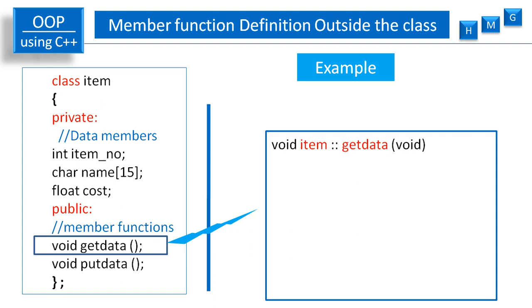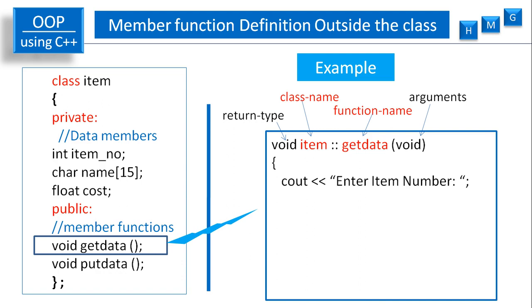So here void is the return type, item is the class name, get data is the function name, and in the parenthesis void is the arguments. So as per the syntax we studied in the last slide, here you have to write this format, that is the header of the member function: void item scope resolution operator get data void. So here the get data function belongs to the item class.